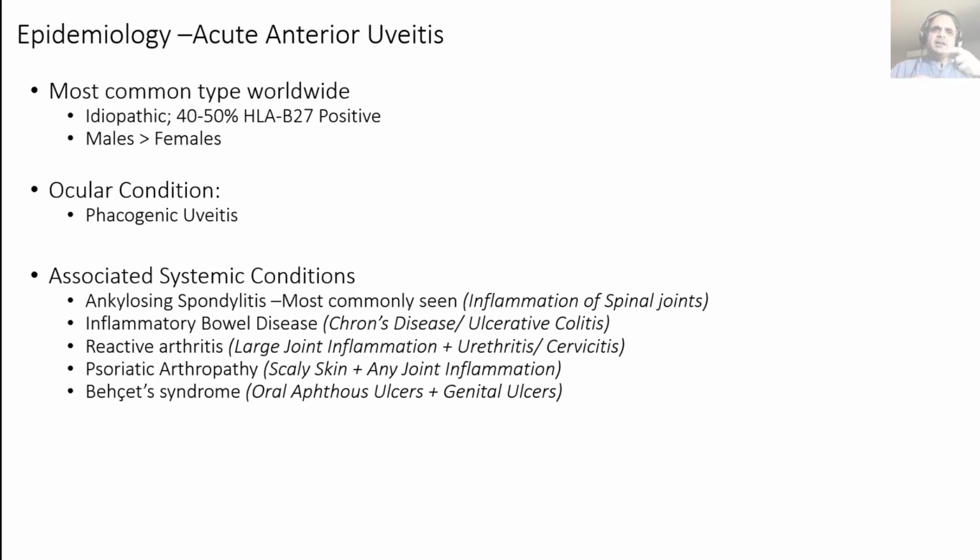Scaly skin because the cells of the skin replicate at a very fast rate, so you get red, itchy, scaly skin. Behr's disease or Behçet's disease is basically oral aphthous ulcers in your mouth together with genital ulcers. Depending upon which population region you see, Behr's disease may be more common in females or in males.